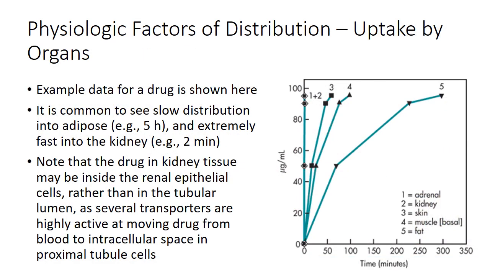So this slide is really on uptake by organs, and I wanted to highlight the difference from organ to organ, so why some organs are considered fast distribution and some of them are slow. If you look at this graph, you'll notice number 1 and 2 would be the adrenal gland and the kidney. Whatever drug we're talking about here, but this is going to be the majority of drugs, you administer the drug, and again, it has to have some renal distribution, otherwise you wouldn't see this on the graph.